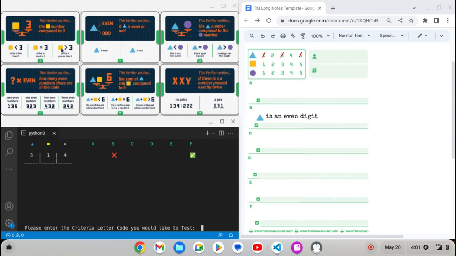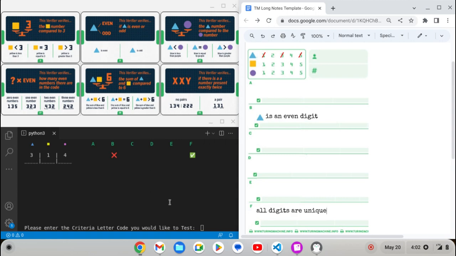I don't know if there's a way to definitively eliminate it as a possibility. I'll just keep it in my mind. And so again, that's criteria card F. I'm going to say all digits are unique.